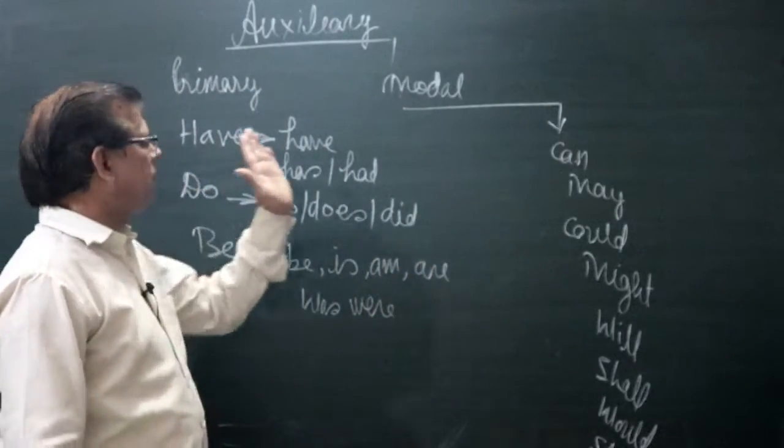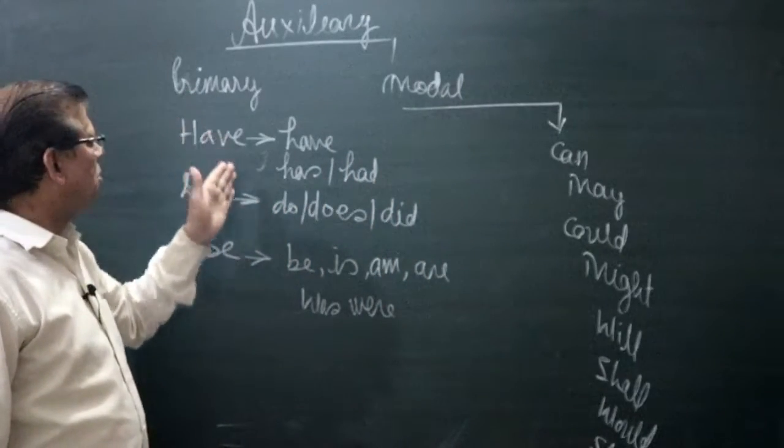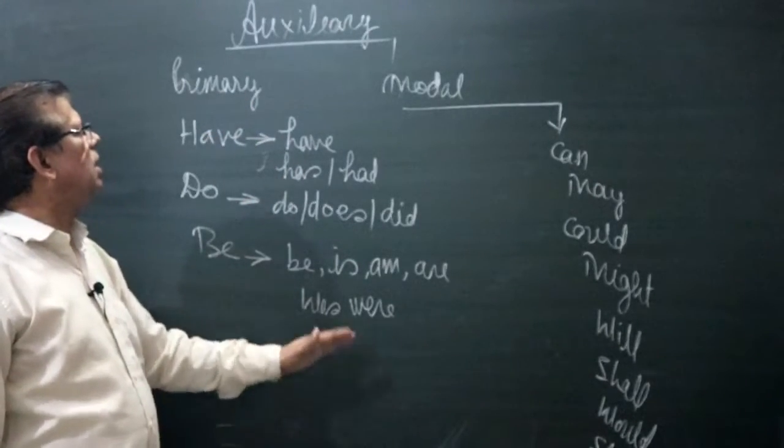So the only difference between primary auxiliary and modal is that the primary auxiliaries can act as main verb as well as auxiliary.